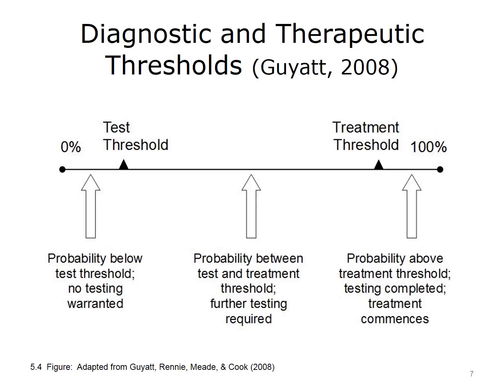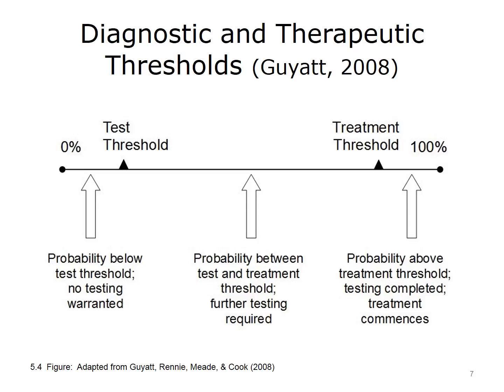Below the test threshold, we think the disease is so unlikely or perhaps so unimportant that no testing is warranted. At some point, we reach the threshold where we say we should really get a test to see if the patient has this disease. So our probability estimate tells us that further testing is required when we exceed the test threshold.